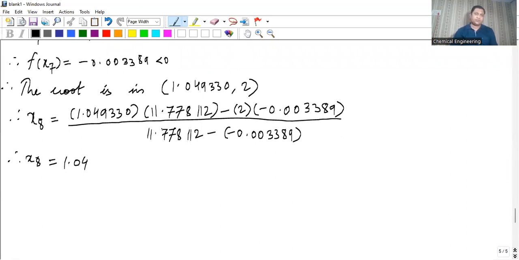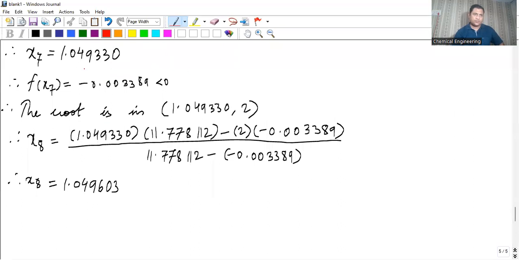Anybody getting the value here? 960343. It is going to be 1.4963. Okay. So all of you are getting this value? Yes, sir. Okay.